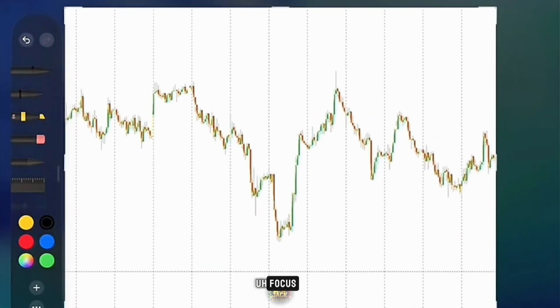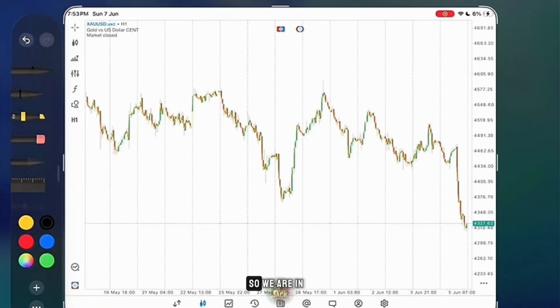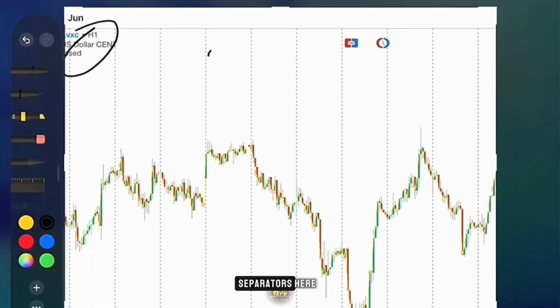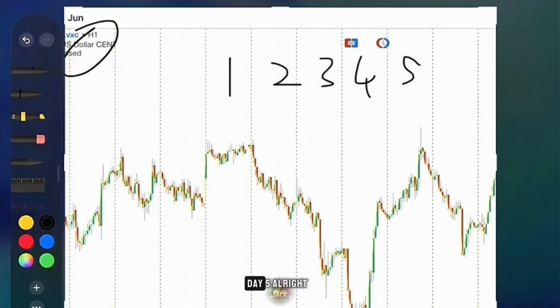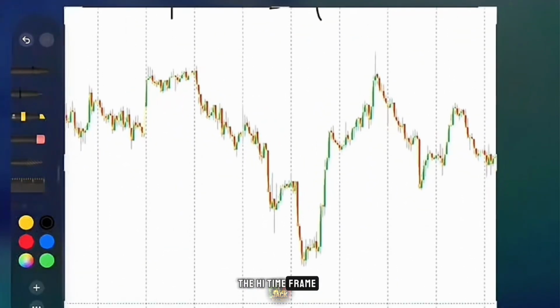Focus. I want you guys to pay close attention to this. We are in the H1 time frame. These period separators here represent days. Let's say this is day 1, day 2, day 3, day 4, and also day 5. Now we're in the H1 time frame, so it's a bigger time frame, expect big moves.